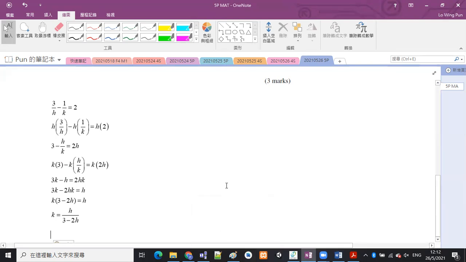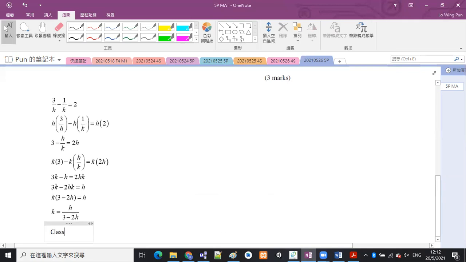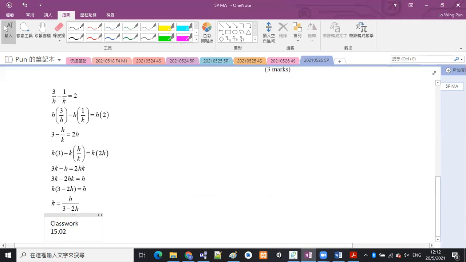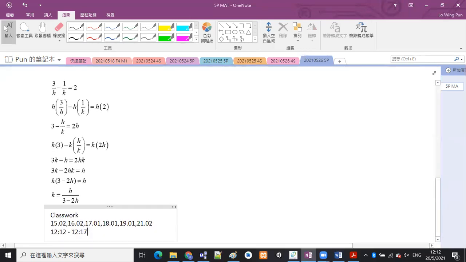I'll give you 5 minutes to do 15.02. This one is already the most difficult. I think this one is already difficult, right? You agree?